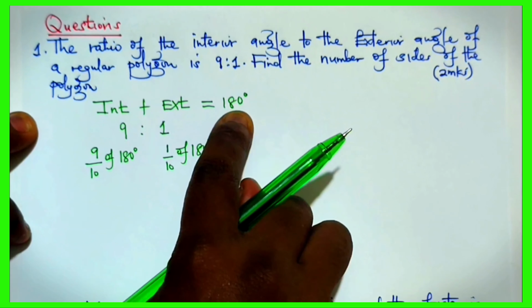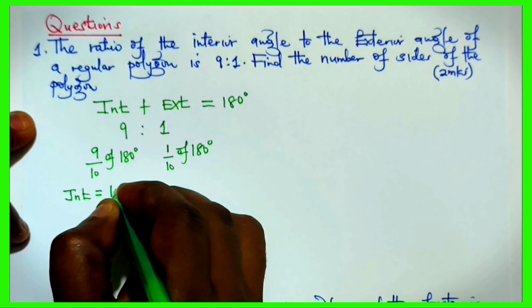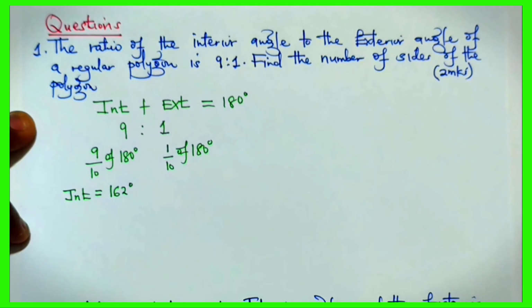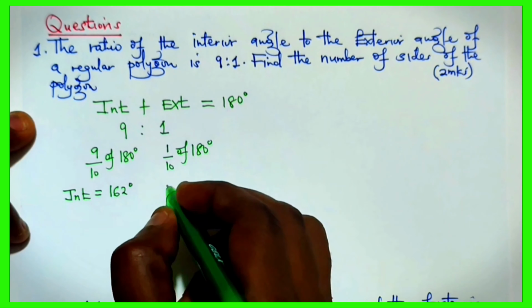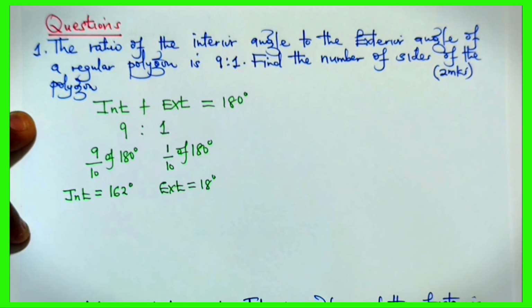So therefore, the solution to this one here, we are going to get the interior angle to be equal to 162 degrees. And then the solution for the exterior angle will be equal to 18 degrees.